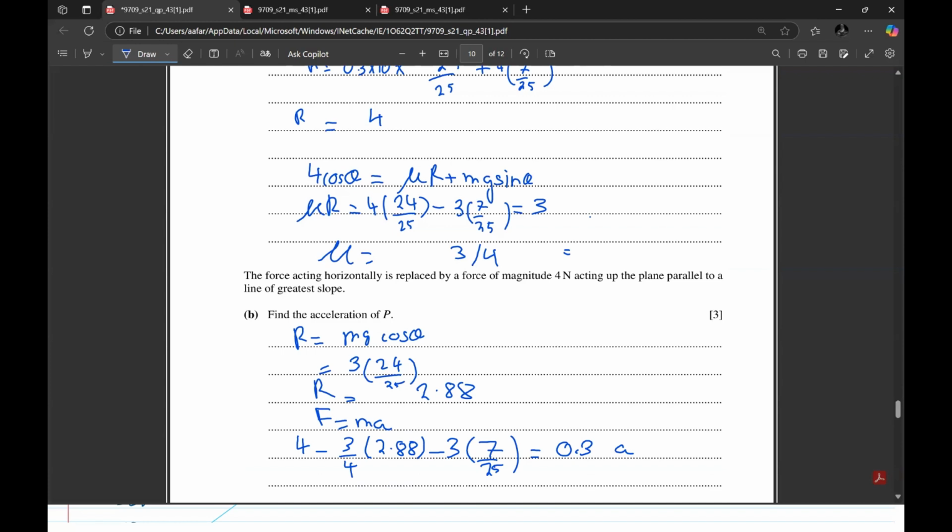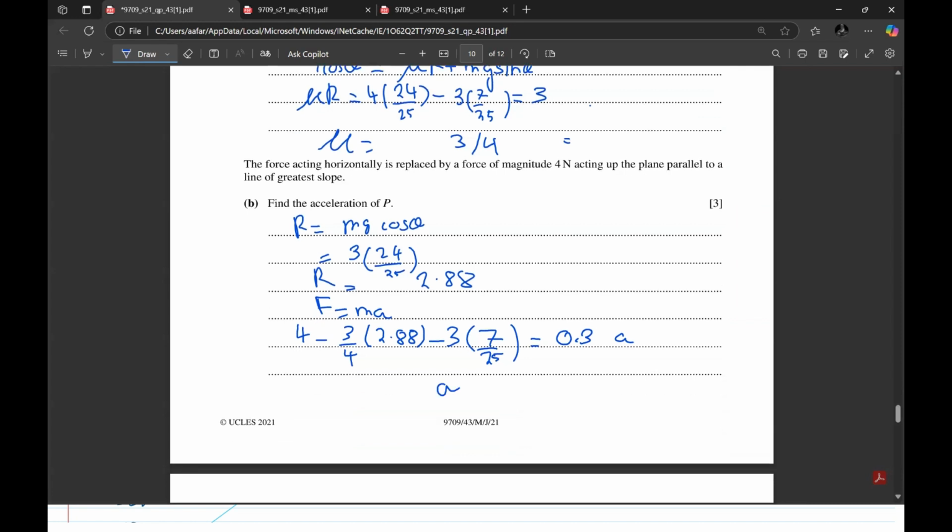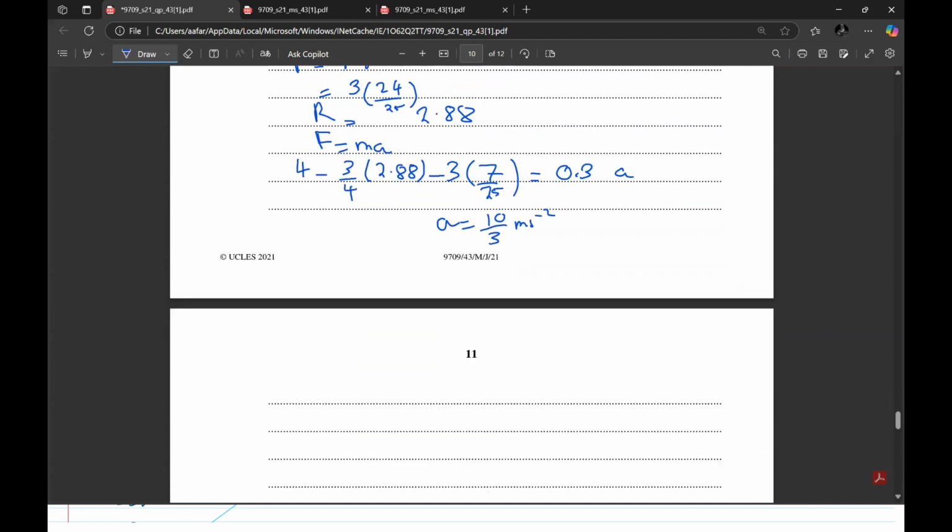So the acceleration we get is 10 over 3 meters per second squared.